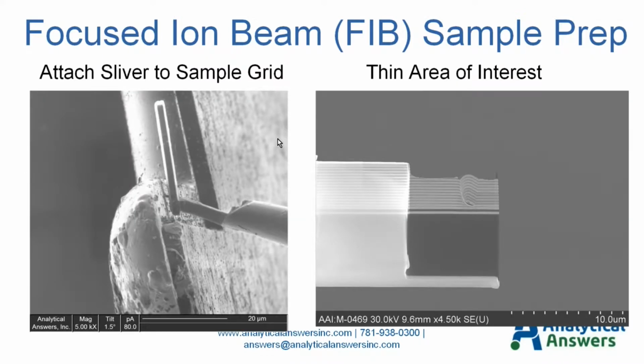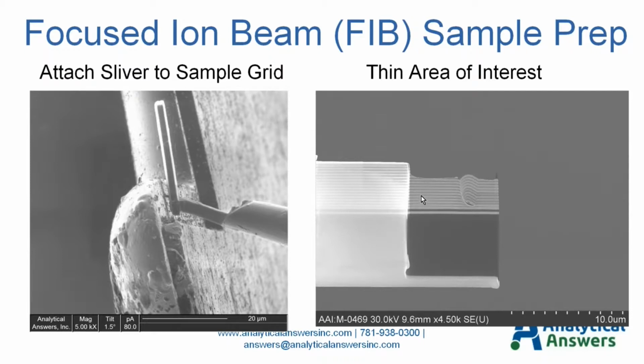We then move that over to a sample support grid, which will allow us to introduce it into the microscope. Again, this is all completely contained within the FIB instrument. We again weld the sliver to the support grid with platinum, cut away the probe tip, and leave ourselves with a freestanding sliver of material for analysis.